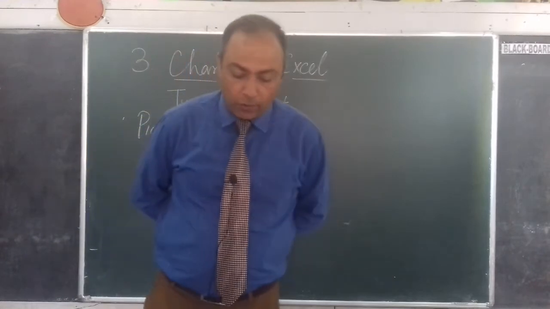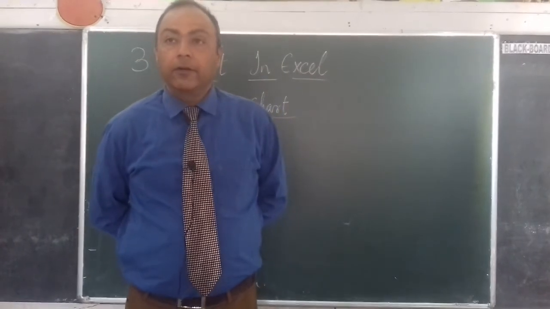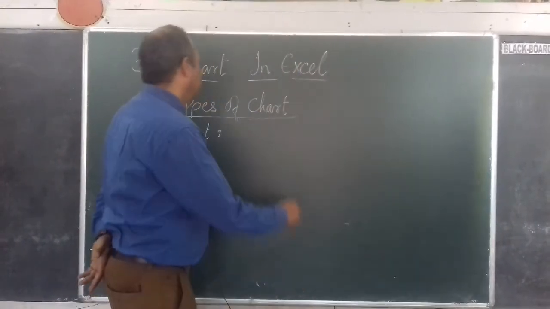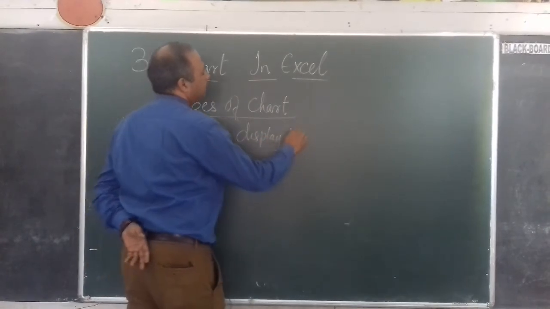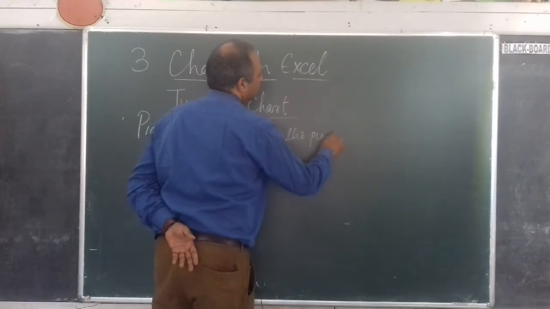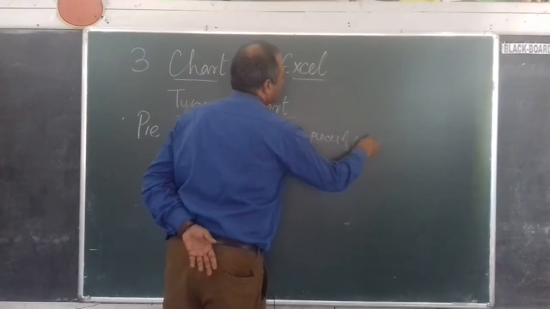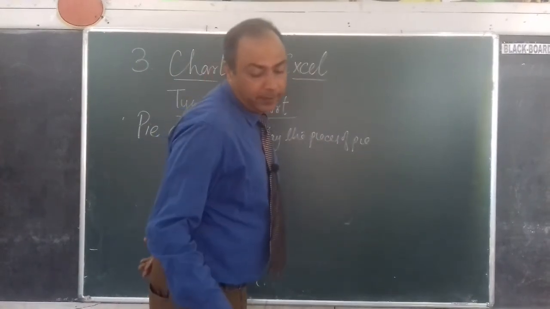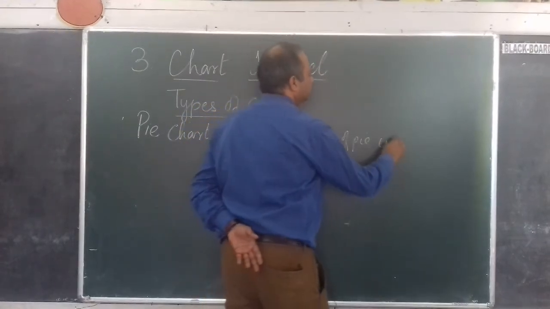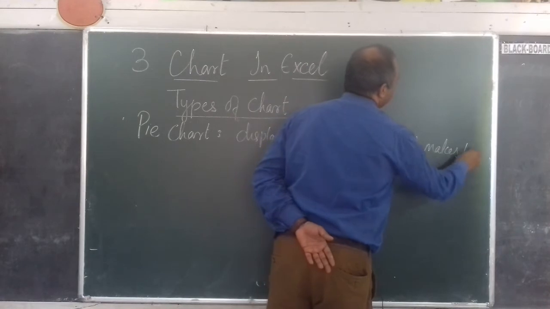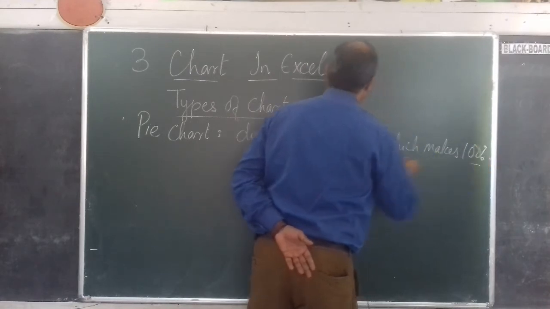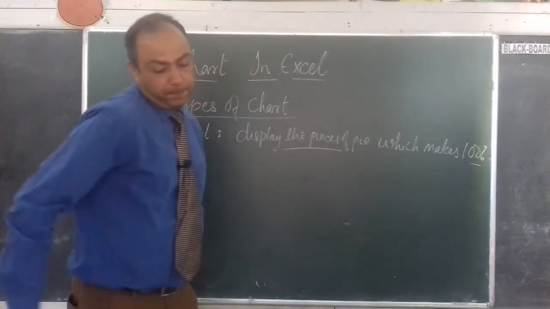It ensures that all the pieces of the pie make up 100%. Out of 100%, there should be a distribution.